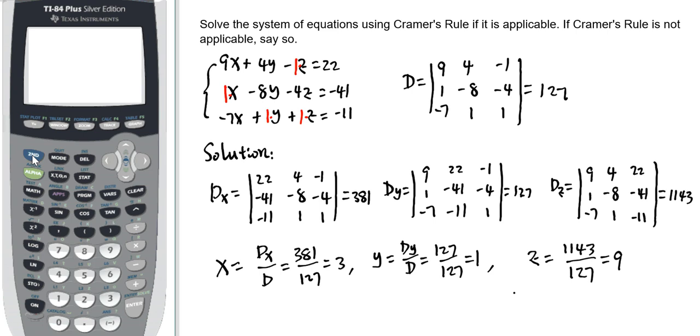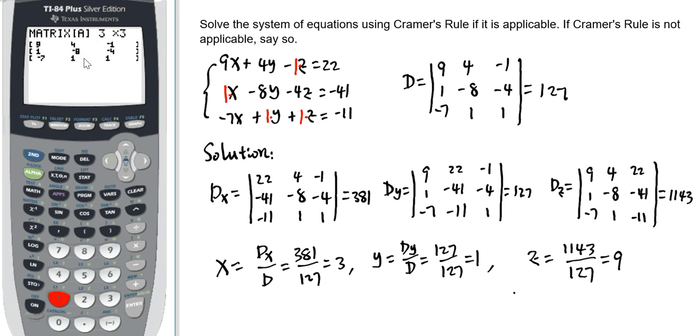You can do second matrix, that's the x to the negative 1 key. And then you move your cursor to edit. Okay, you may click on 1. Then it is a 3 by 3 matrix.